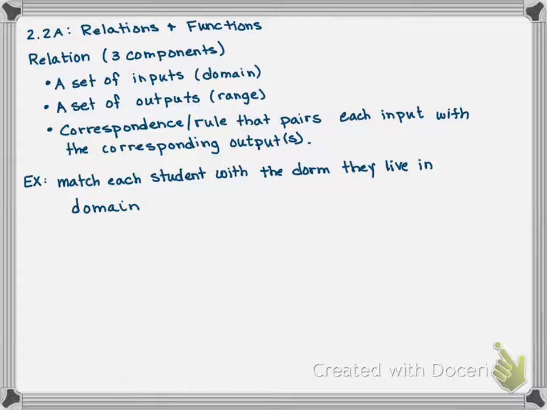If I pick a student that lives off campus and say that person's my input, there would be no output that corresponds to them because there's no dorm that they live in. And so for this particular situation, my domain has to be students that live on campus.